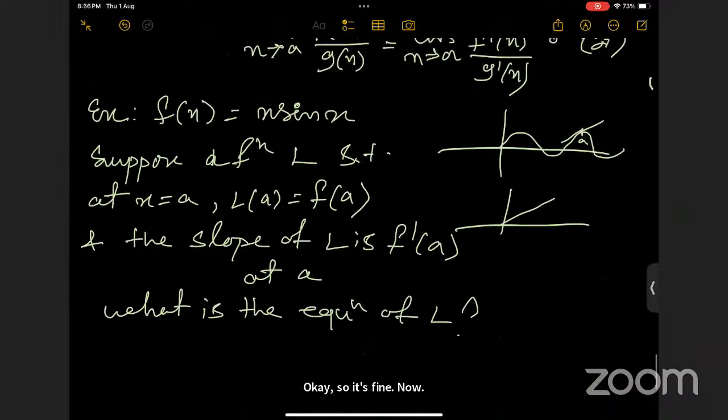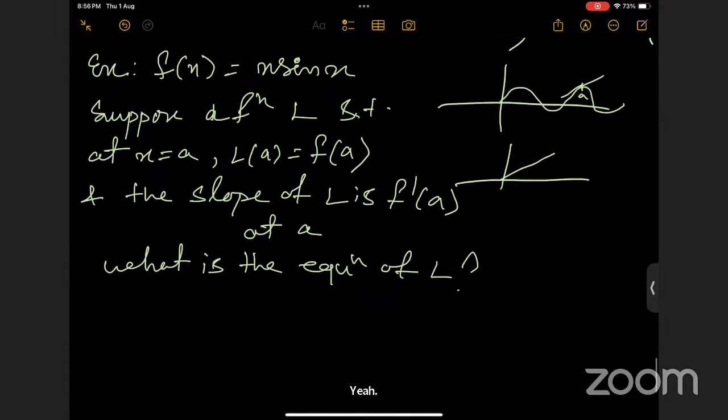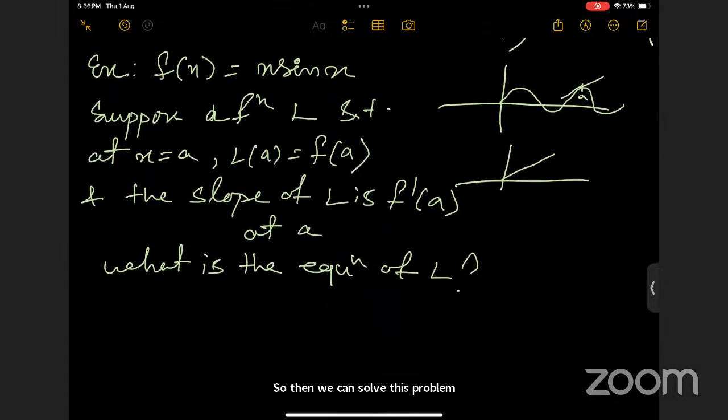Yeah. So then we can solve this problem. y equals L of a plus L dash of a into x minus a.